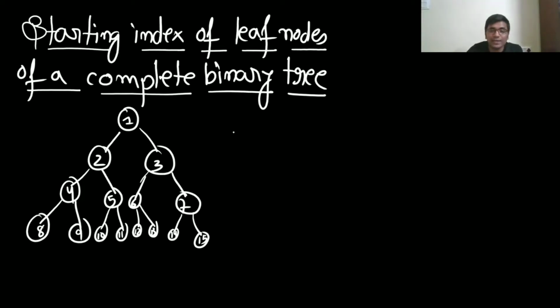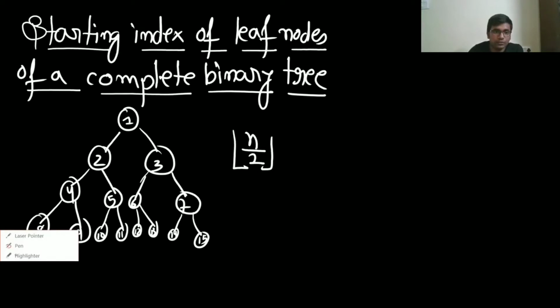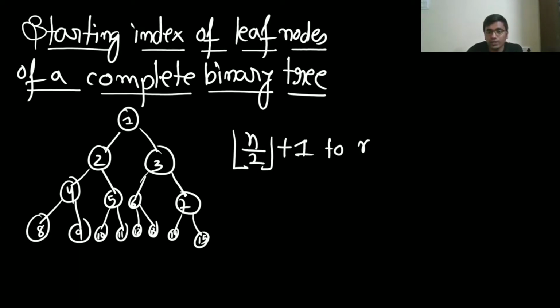The leaf indices are floor of n by 2 plus 1 to n, where n is the number of nodes.